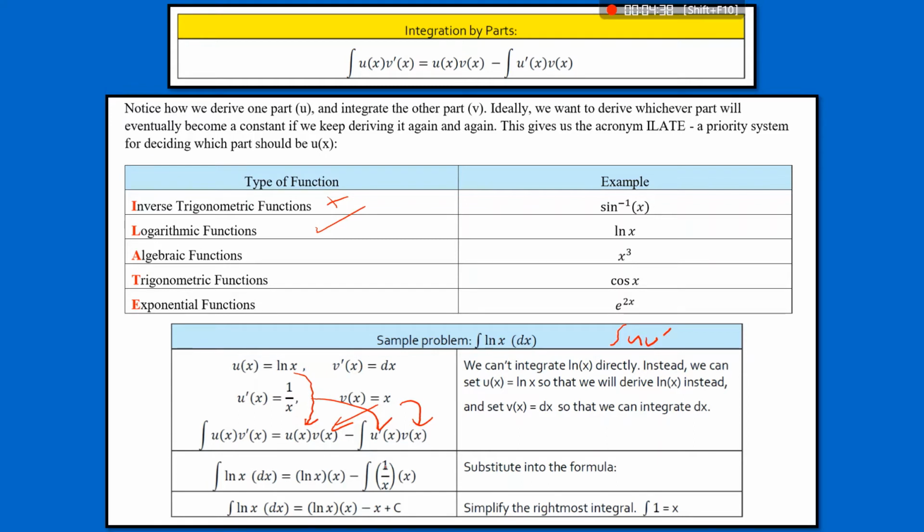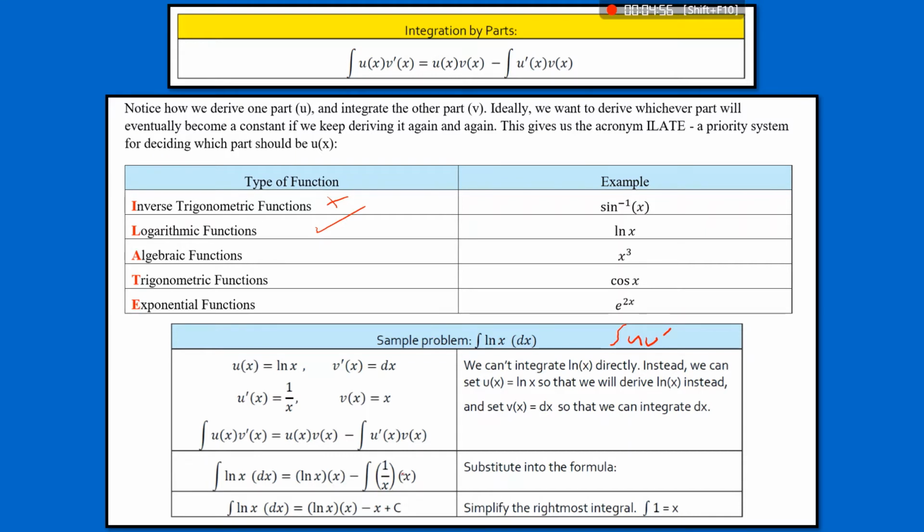When we substitute, I get this. One over x times x is 1. When I integrate 1, I get x. So I get x ln x minus x plus c.